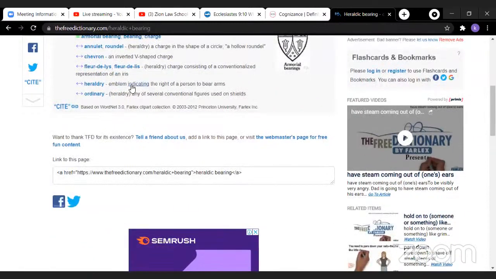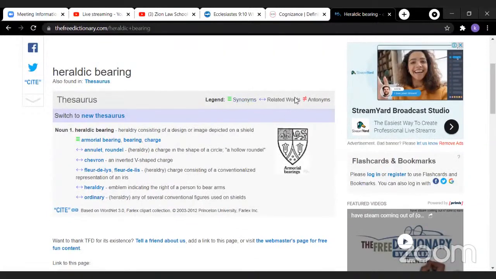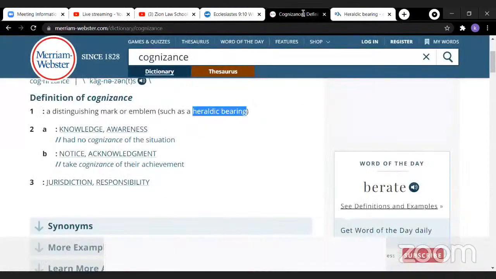Fleur-de-lis, a charge consisting of a conventional representation of an iris. Okay, so where is the part about nobility? The noble families had a shield, right? And we see these prominently amongst Moors, don't we? Yes. So let's go back.